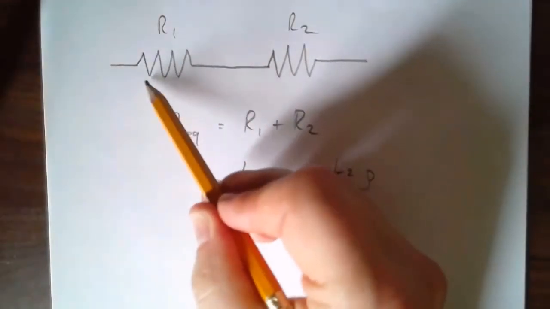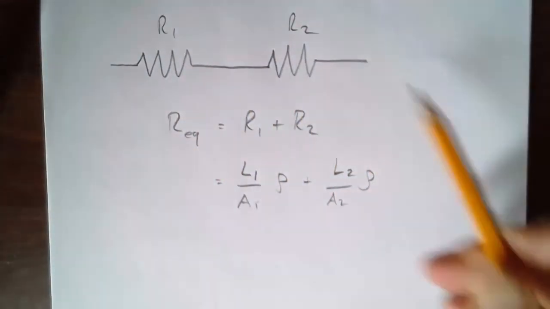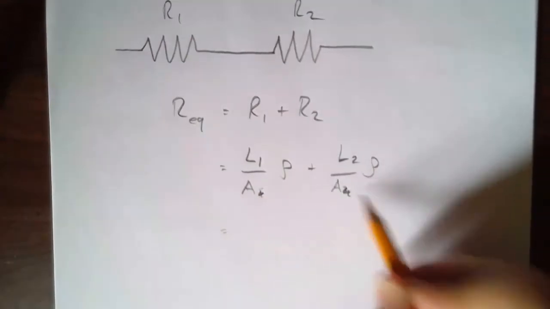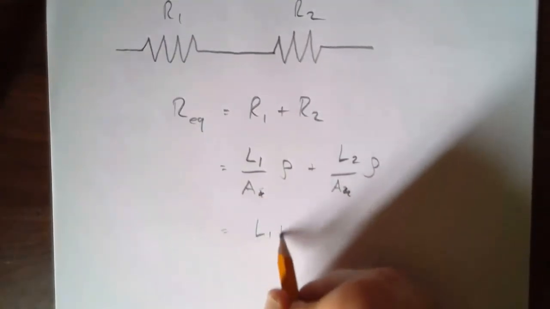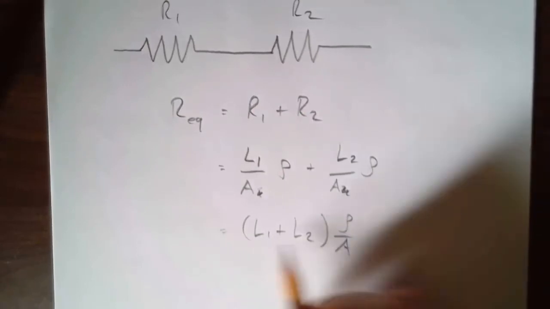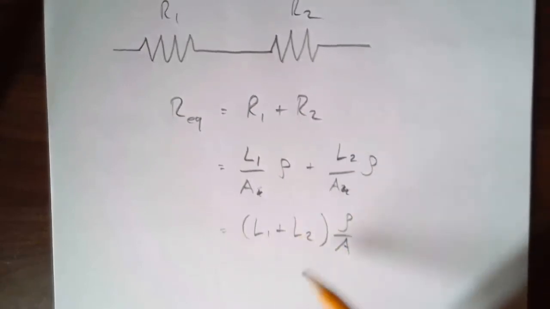It's just one wire, a long curly wire here, a long curly wire here. It's really just the same A, (L1 plus L2) rho over A. It's just I add the lengths, right? It makes sense.